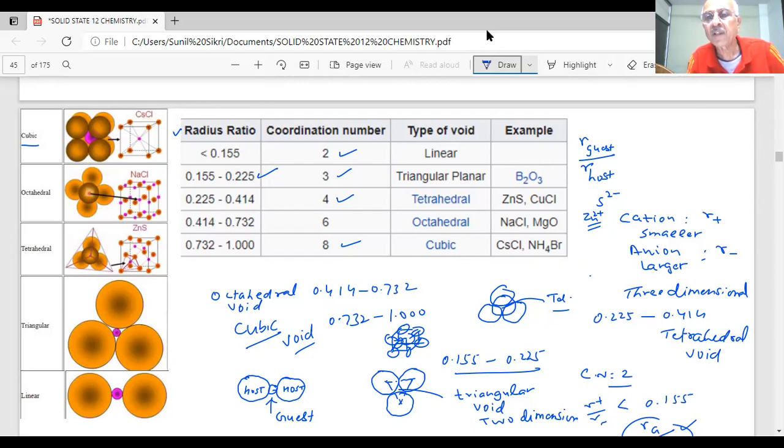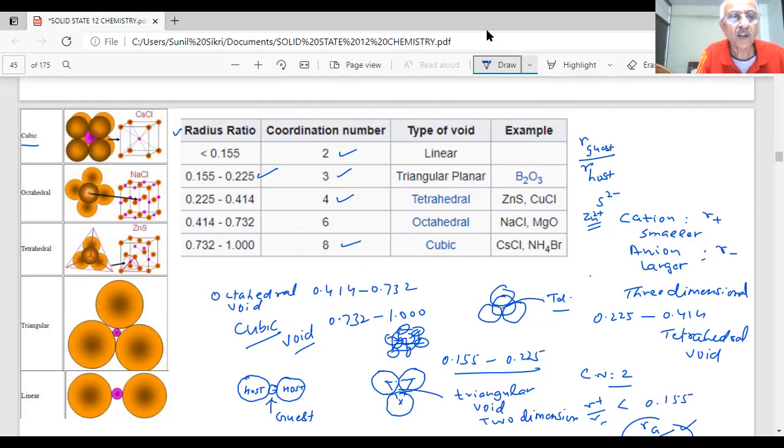Tetrahedral voids, examples of the crystals: ZnS, CuCl. NaCl is octahedral. Cubic has the largest radius ratio. The smallest is one dimension, which we have shown with coordination number 2, linear. All right. And here are the pictures of that. What type of void?